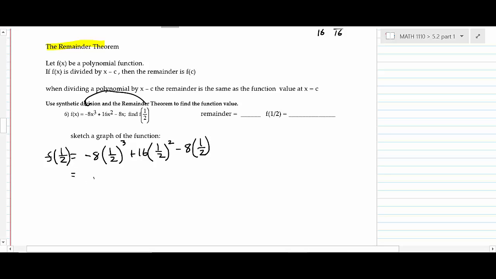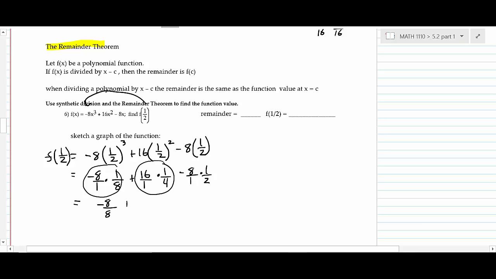Okay, so what we'll have is -8 over 1. If you take a half times a half times a half, you get an eighth. Then you'd have 16 over 1. If you take a half times a half, that's a fourth. And then I'm going to do 8 over 1 times 1/2 like that. Okay, and the arithmetic on this is real simple. So if you multiply that straight across, that's -8 over 8. I'm going to do it this way.